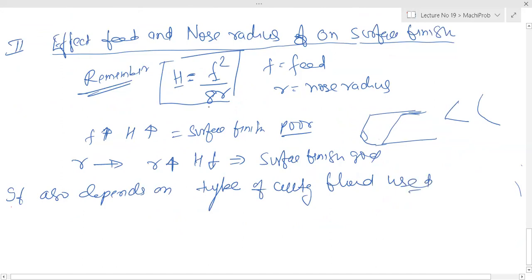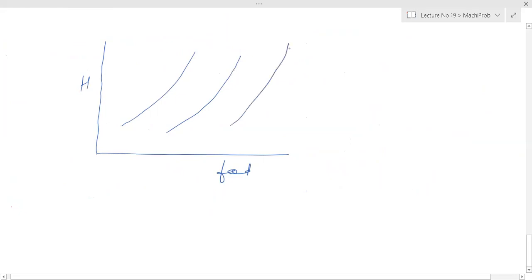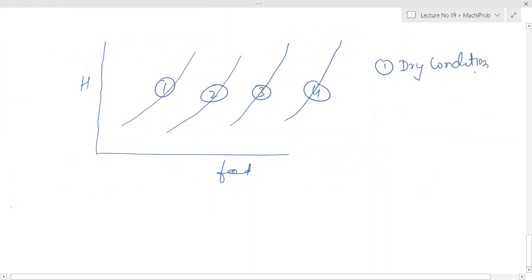If you use the same cutting fluid, then this relation holds good. But this is your H, this is your feed. This is your 1, this is your 2, this is your 3, this is your 4. So 1 is your dry condition. I am talking about this H is equal to F square by 8R.